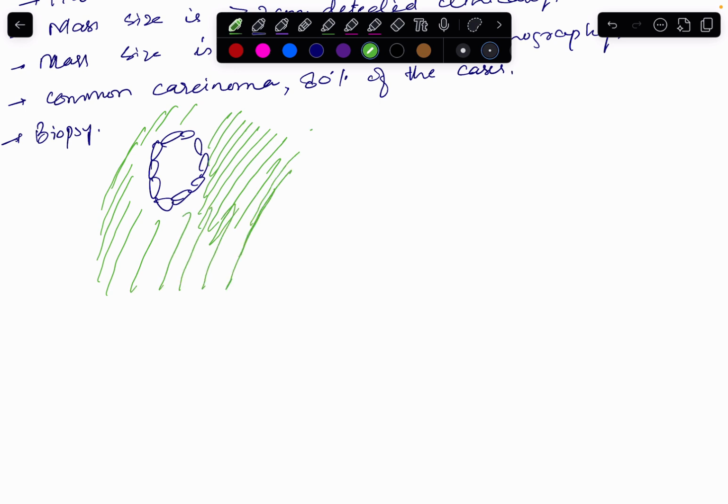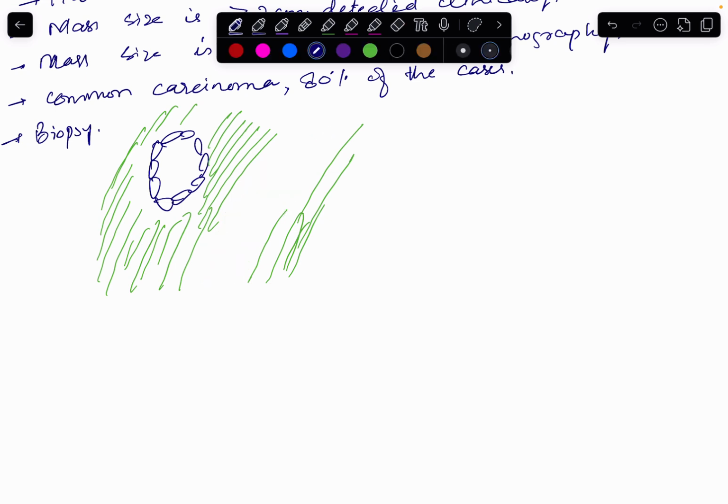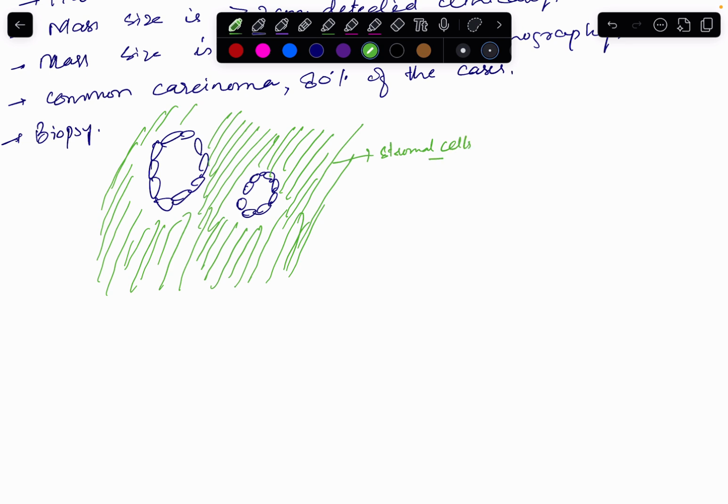These are the stroma cells, and you're going to see many duct-like structures formed by the tumor cells inside the stroma cells.